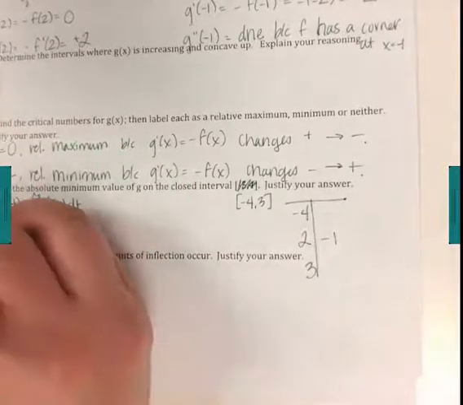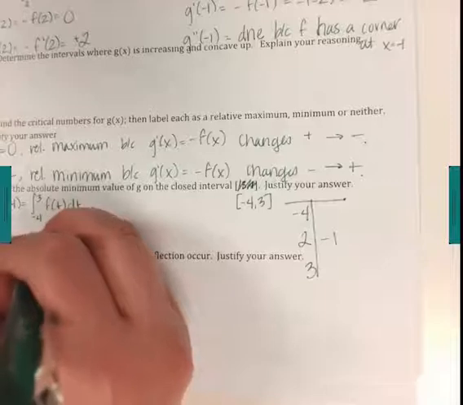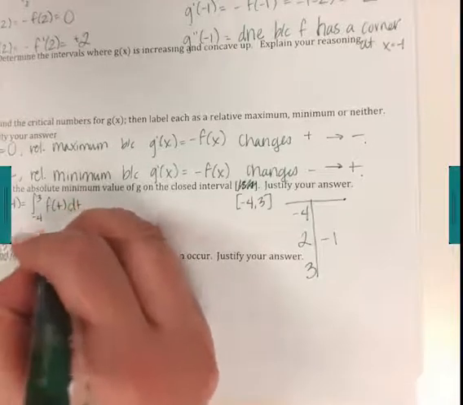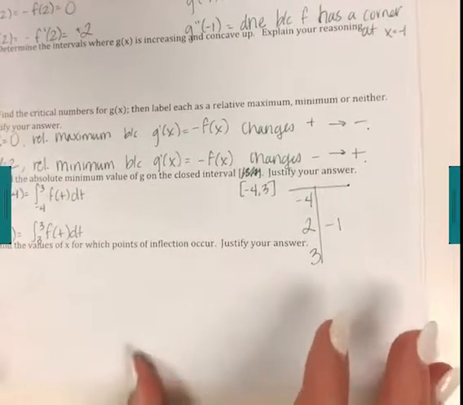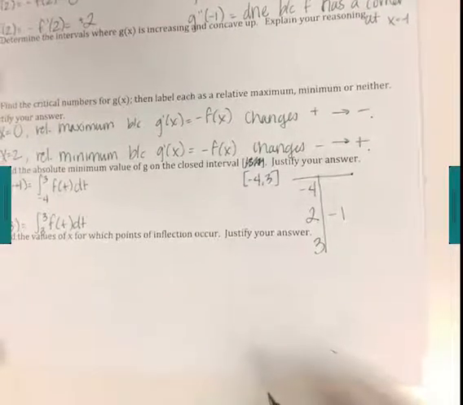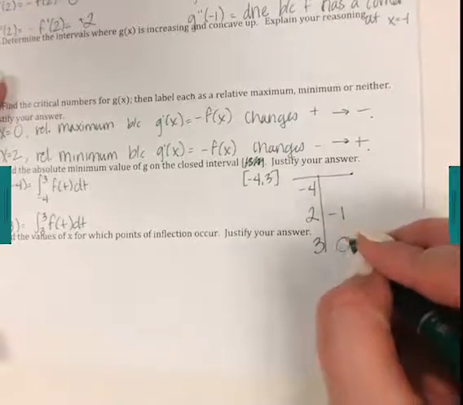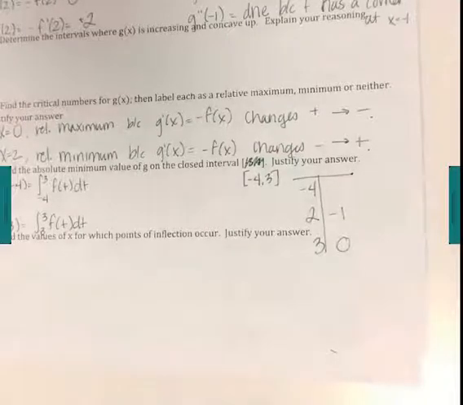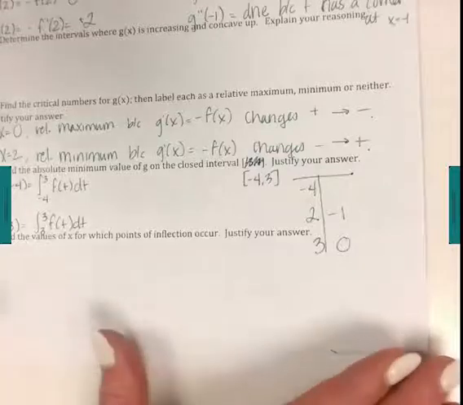And then when I do g of 3, it'll be the integral from 3 to 3. What do you notice about which integral is going to be super easy? 3 to 3 is just going to come out to be 0, because I'm starting and stopping at the same point, so I don't even really have to do math there. Now negative 4 to 3 is going to be all my areas, so let's look at our graph.